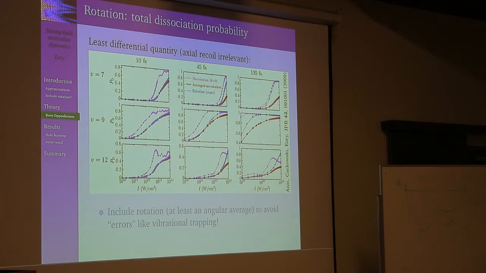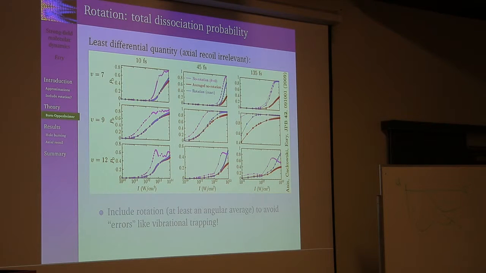Again, what we want to test is what is the role of rotation? In each of these plots, I'm showing 3 different approximations. The one that you should consider exact, the one that includes rotation, is the blue one. The blue one is circles in here.